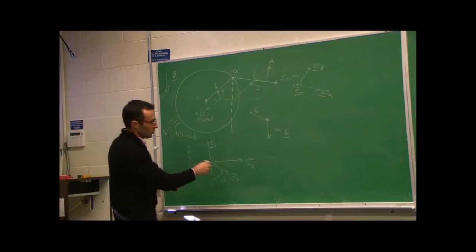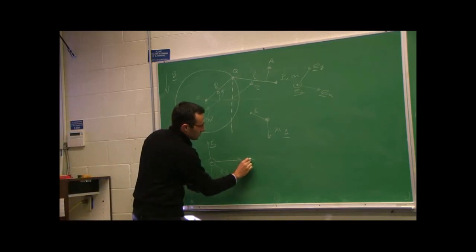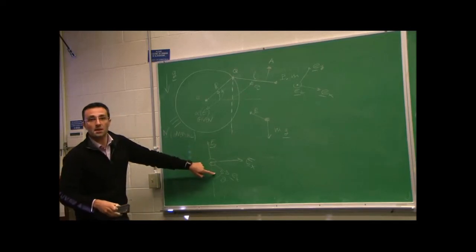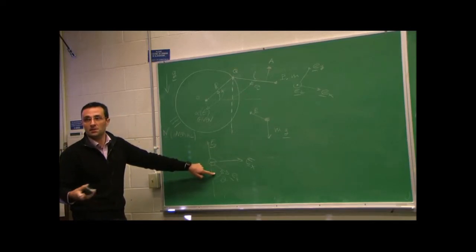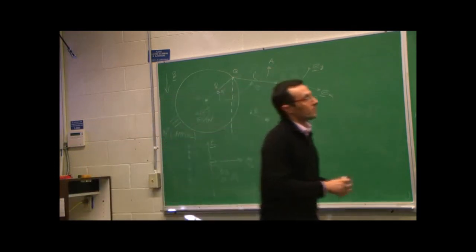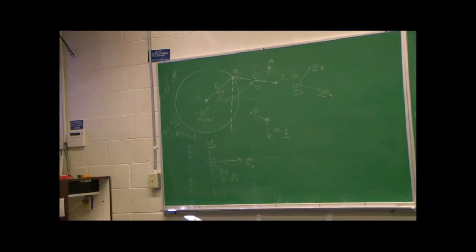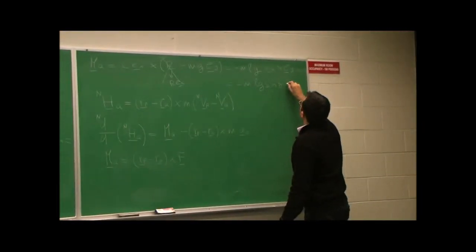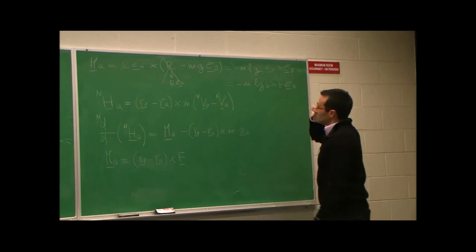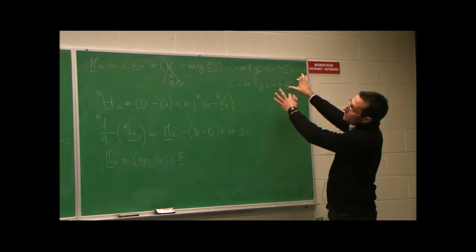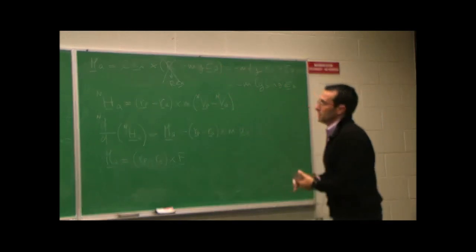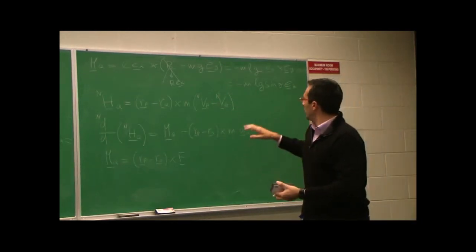These are two unit vectors, so the magnitude is going to be the sine of the angle between these two, which is pi minus theta. But the sine of pi minus theta is the sine of theta. So at the end of the day, this is minus MLG sine of theta, little easy. No unknown forces are left. R is gone. I will not see it again.